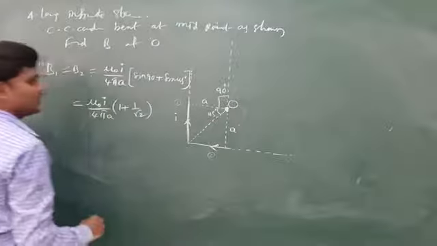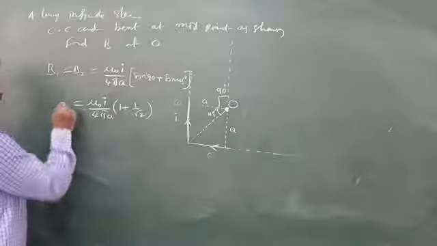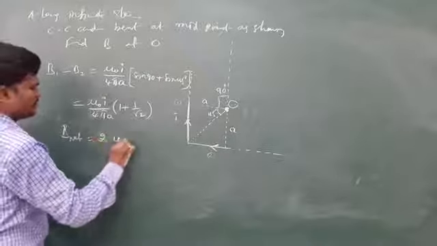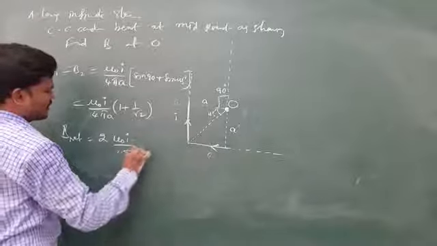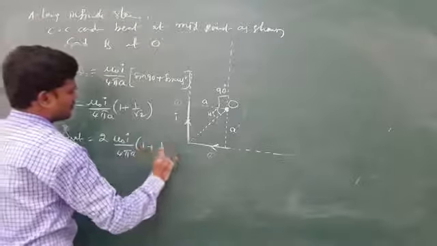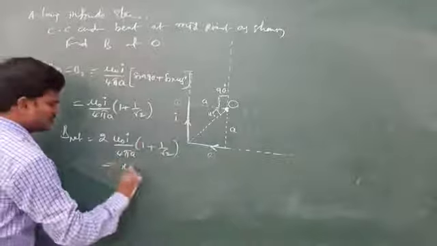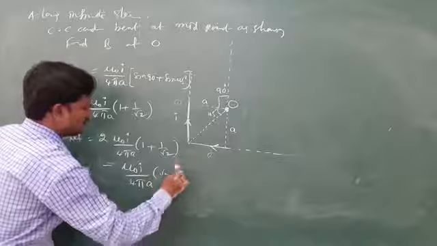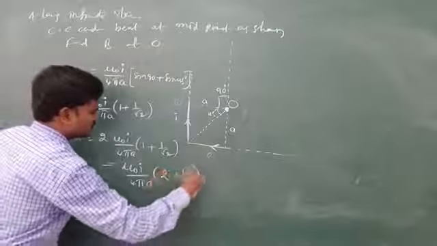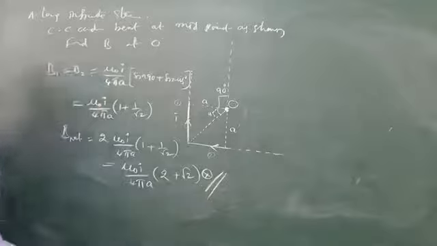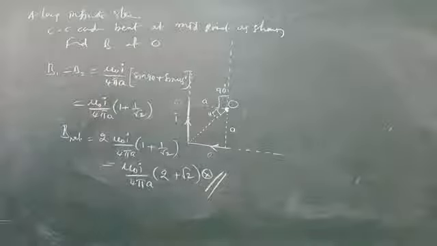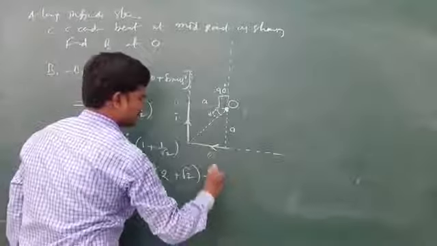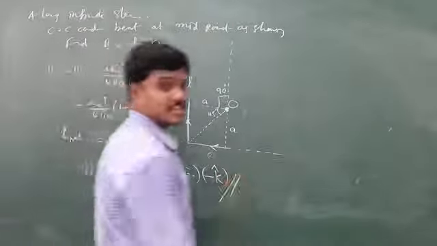Net field is 2 times mu naught I by 4 pi A, 1 plus 1 by root 2. If you multiply, it is mu naught I by 4 pi A root 2, times 2 plus root 2, into the board. In vector form we can represent this with k cap; minus k cap is nothing but into the board.